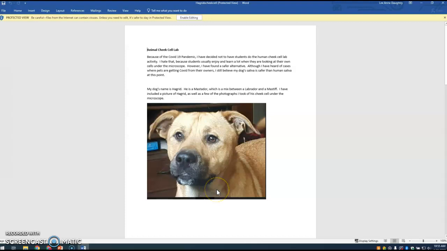I'm a Harry Potter nerd, but anyway, this is Hagrid, and I took a swab from the inside of his cheek, and I stained the cheek cells on a slide, and you basically can see the cell. This is the plasma membrane. This dark area in the center is the nucleus, and that's really all you can see. But you can tell it's an animal cell because it does not have a cell wall.